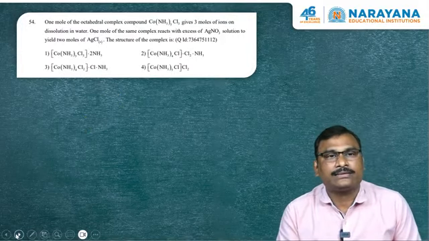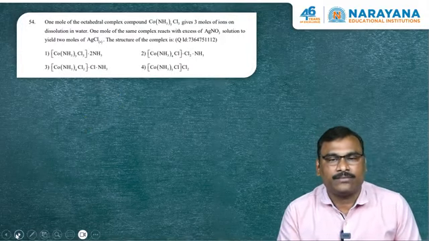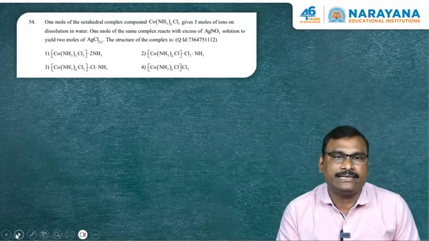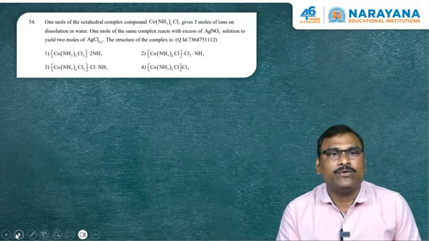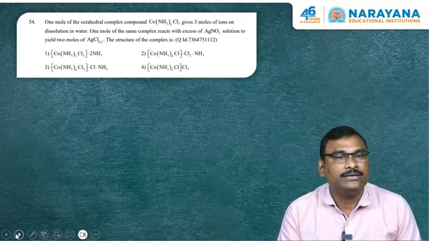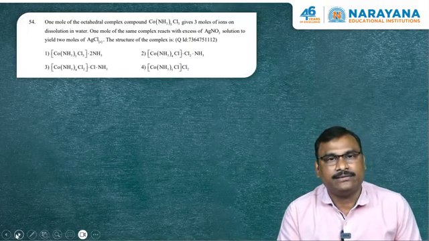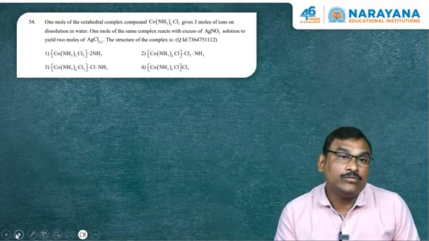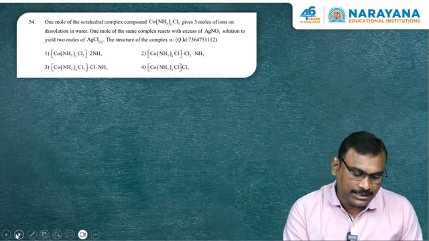1 mole of octahedral complex compound Co(NH3)4Cl3 gives 3 moles of ions on dissolution in water. Statement 1: 1 mole of the same complex reacts with excess of AgNO3 solution to yield 2 moles of AgCl. These are the two clues.